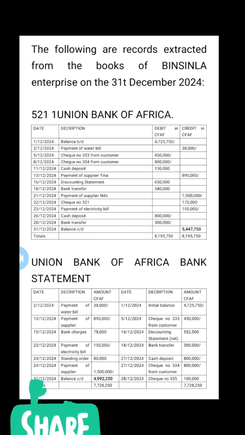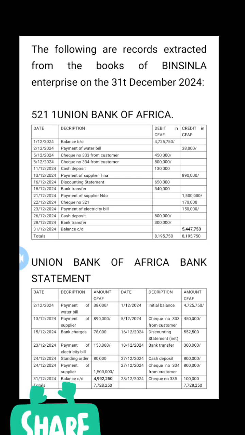We have cash deposit 130,000. We have discounting statement 650,000. Bank transfer 340,000. And then on the credit side, we have just check number 321, 170,000 that has not been ticked.